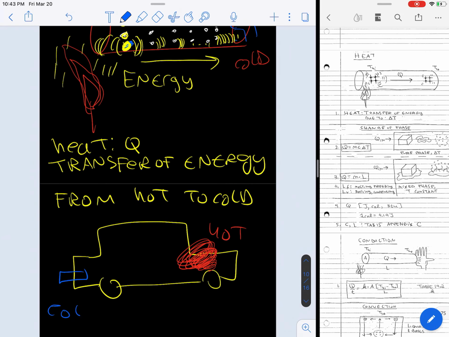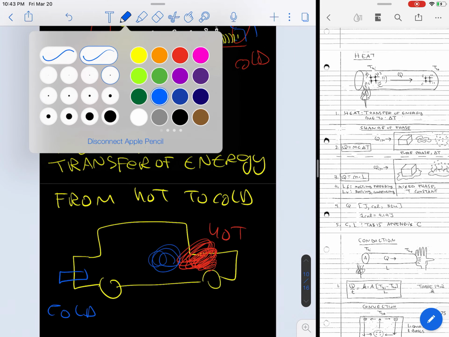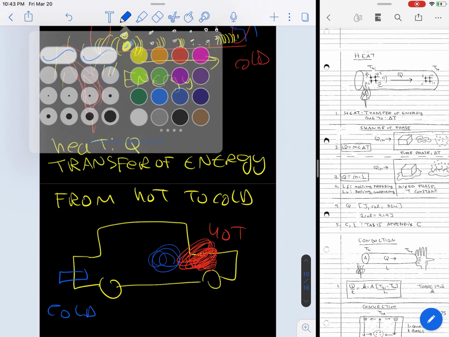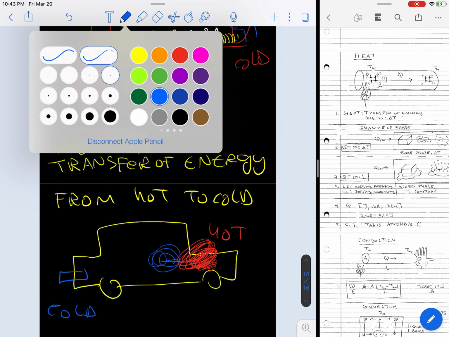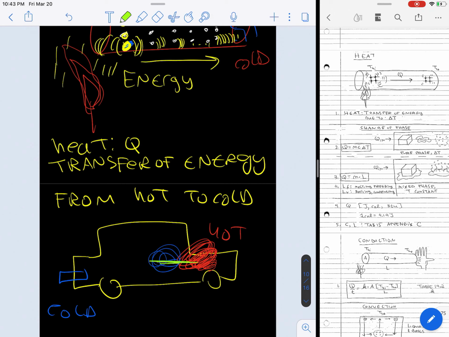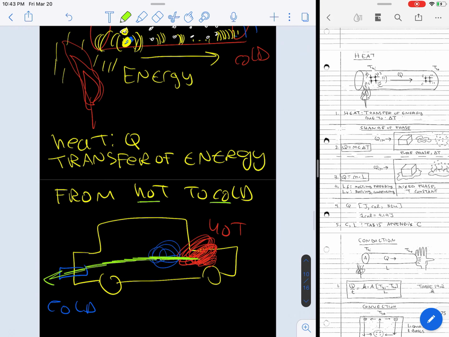So that's going to be the cold region. And so the reason that you can move gears around in your car is that the heat flow moves the gears around, and the heat always travels from hot to cold. It starts from the hot region and winds its way up to the cold region. So heat always goes from hot to cold, and heat is a form of energy, so it's going to have units of joules. Okay.